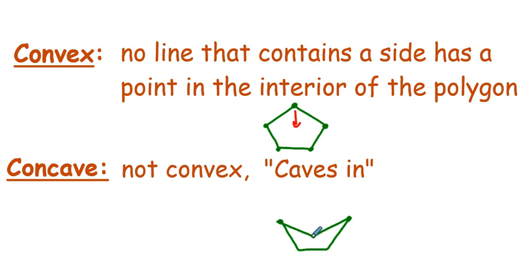So here's all my points again. I kind of flattened that or pushed it in. So that is a concave shape because this point lies inside what you would consider the polygon if I connected this one over here to this point here. If I connected those two endpoints together, you can see that there's a point inside the polygon.